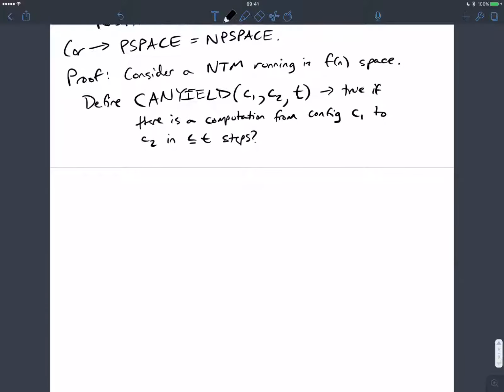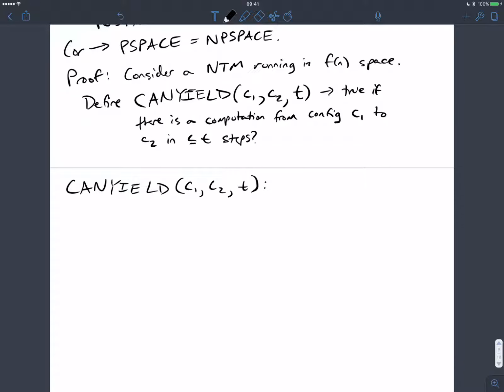So let's implement CANYIELD in the general case. We're going to approach this in a very merge sort-like structure.